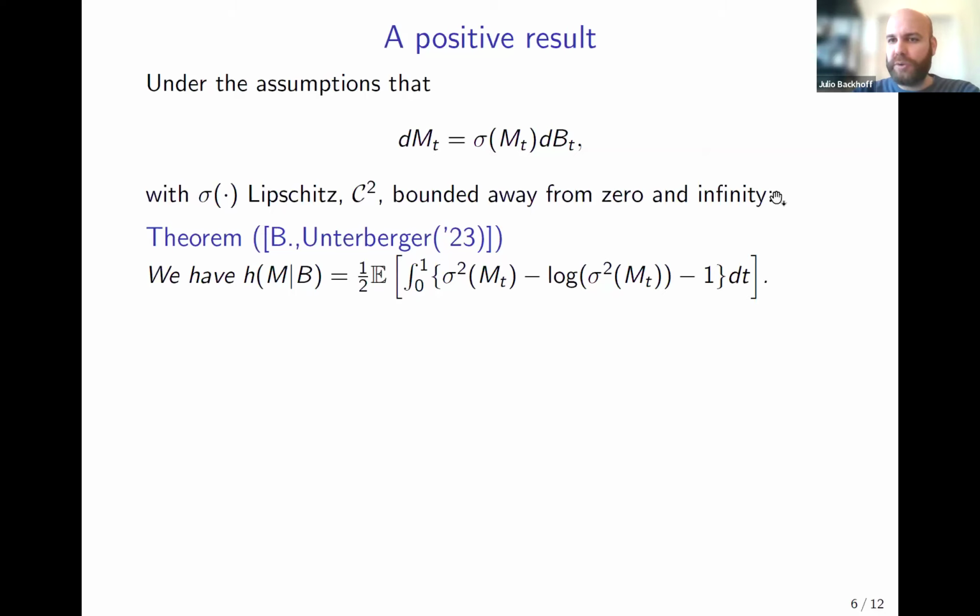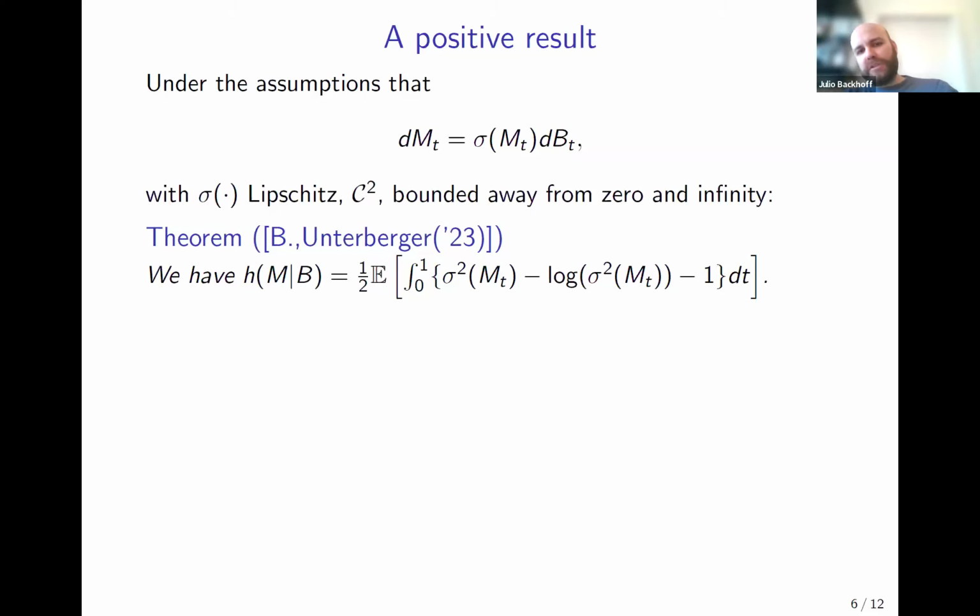These are the conditions that we use, so a very, very well-behaved time-homogeneous Markov martingale. In this setting, we can show that indeed the lower bound and the upper bound match. This was done in work with Unterberger. And I forgot to say the previous result was done with Bellotto, both of them students here in Vienna.